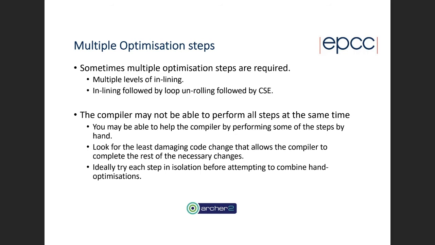The problem here is that internally the compiler effectively applies a sequence of code transformations in what's pretty much a predefined order. Sometimes those are repeated, but nevertheless, if you're relying on a particular sequence of optimizations for the compiler to get to the right solution, it may not be able to get there.